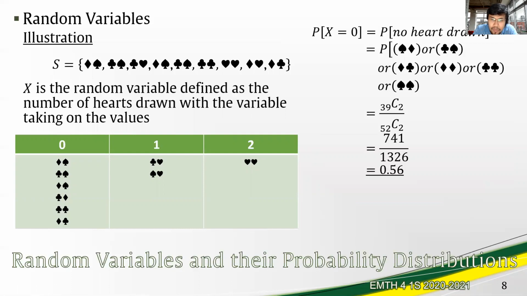The number of permutations of 39 cards is 39 times 38. But since we are not taking into consideration the position, we are going to divide it by 2 factorial, or just 2.